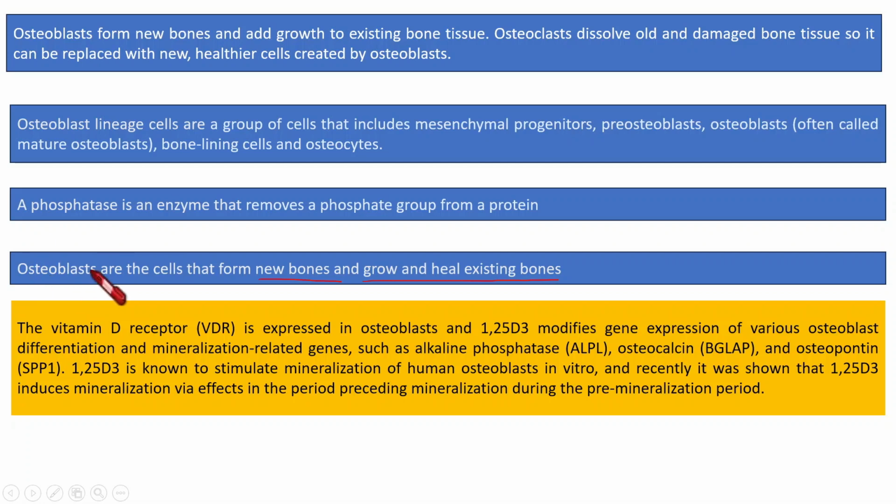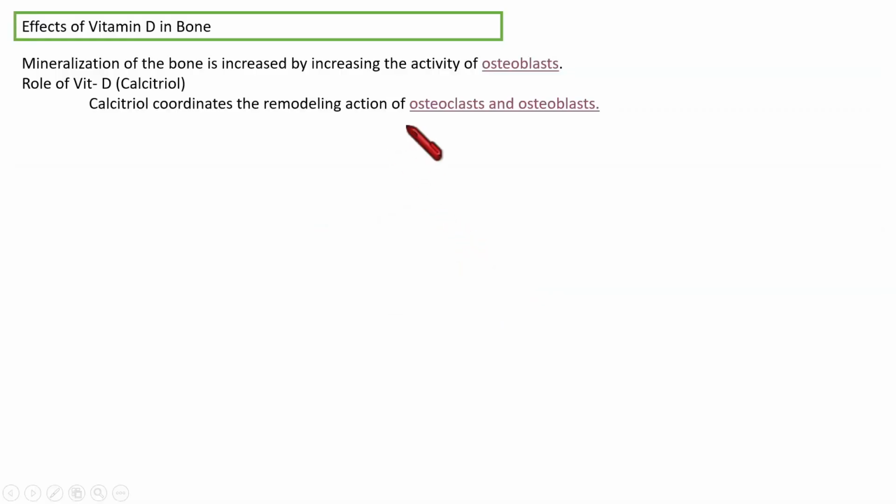Anyway, simply, osteoblasts are bone forming cells. Then coming to our point, calcitriol coordinates the remodeling action of osteoclasts and osteoblasts. Then what is the difference in action between osteoclasts and osteoblasts?